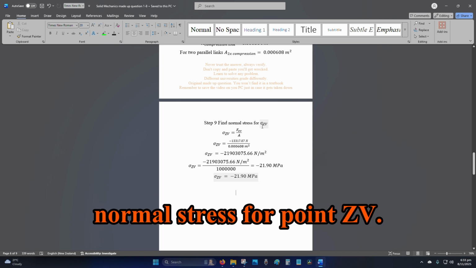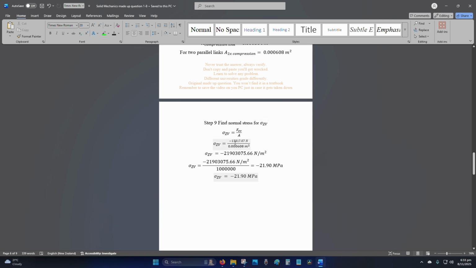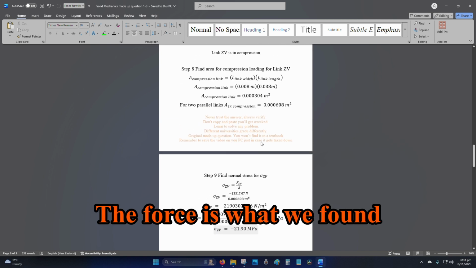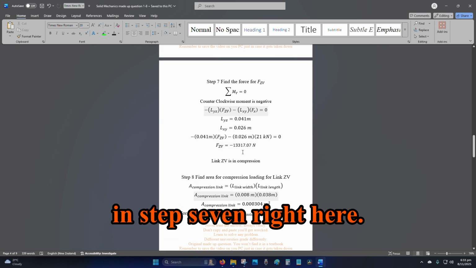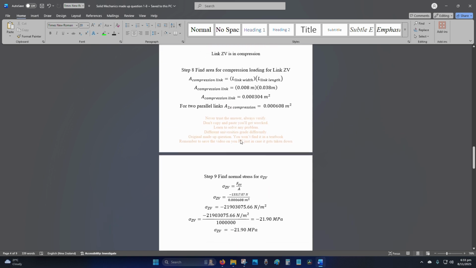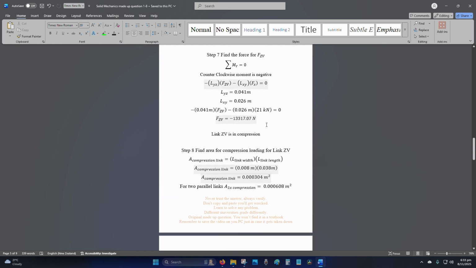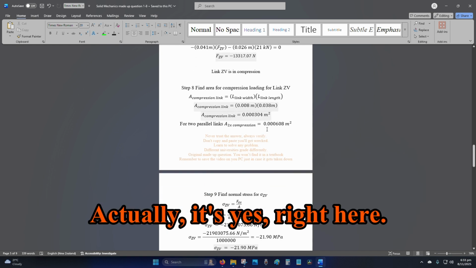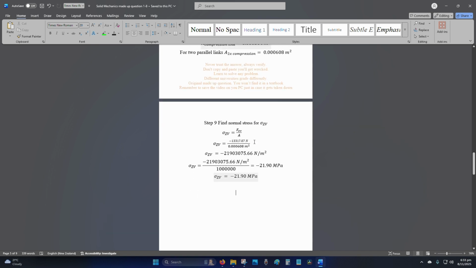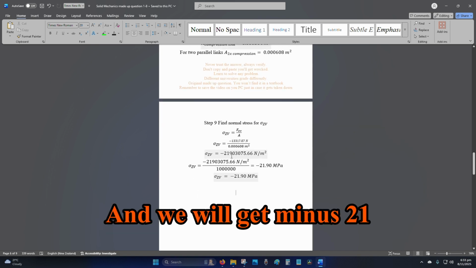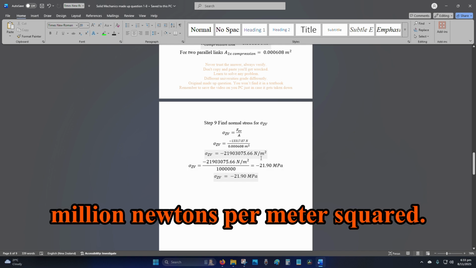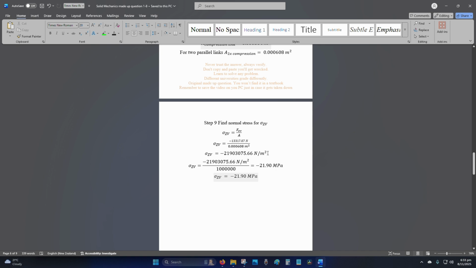Now we can backtrack and solve for part B. So we want to find the normal stress for point ZV. The force is what we found in step 7 right here. The area is what we found in step 8. Actually, yes, right here. And we will get minus 21 million newtons per meter squared.